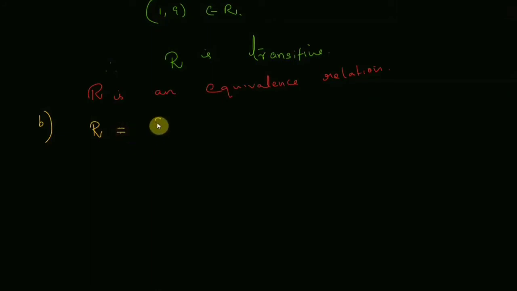Now we'll move on to the second part. R is equal to the set of ordered pairs A comma B. The condition given here is A is equal to B. So we have to prove this relation is also an equivalence relation. It is reflexive. Why is it reflexive?